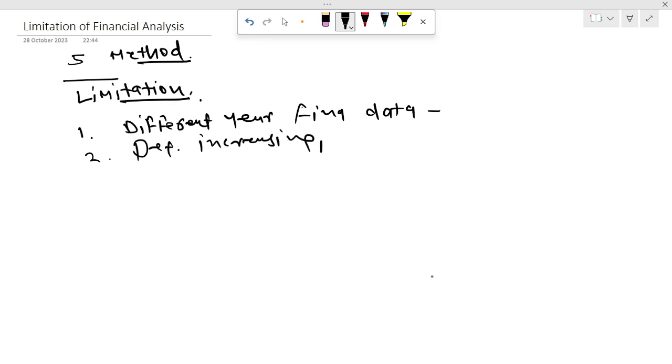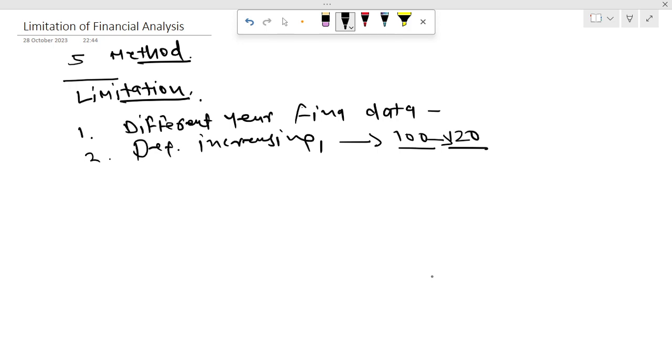when doing the analysis you simply say that compared to last year depreciation has increased or decreased, because you are just comparing the figures. If last year it was 100 and now it is 120, you say it is increasing, which means some addition might have happened.